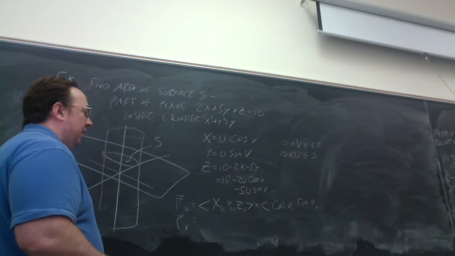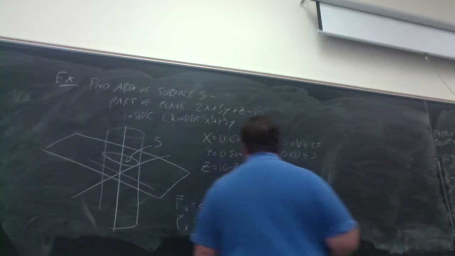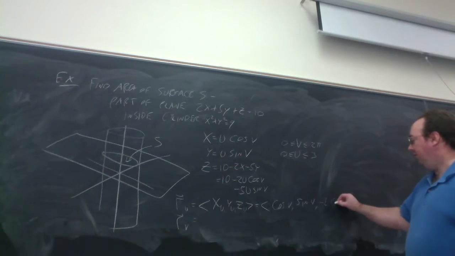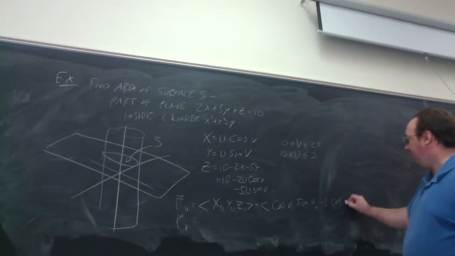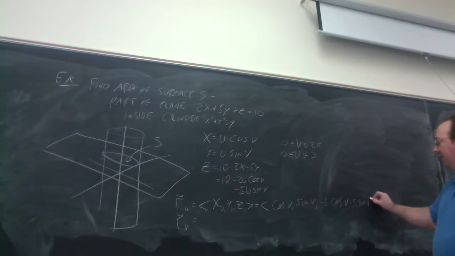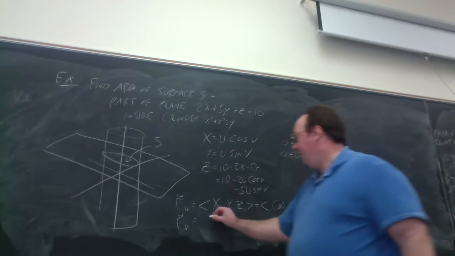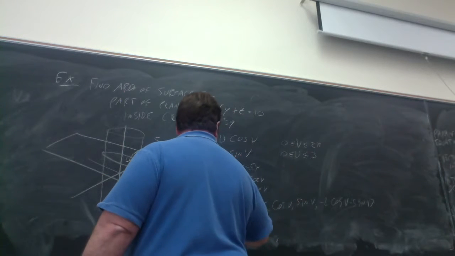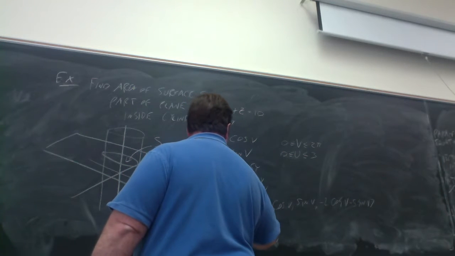It'd be negative 2 cosine v, and there's one more term, minus 5 sine v.